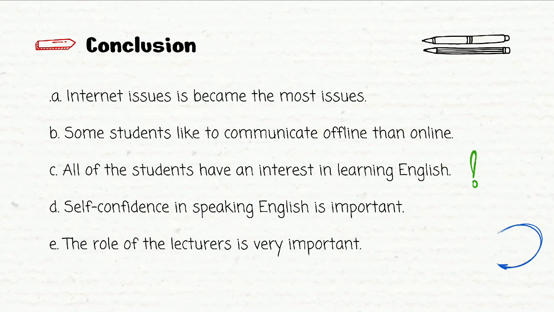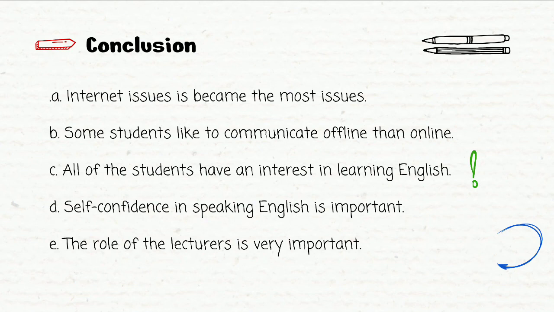Point C is all of the students have an interest in learning English. Although there are many problems faced and obstacles, all of the students have an interest in learning English. Point D is self-confidence in speaking English is important. Many of them want to speak English, but problems such as being shy and not knowing what to say are the reason that building self-confidence for students is very important.